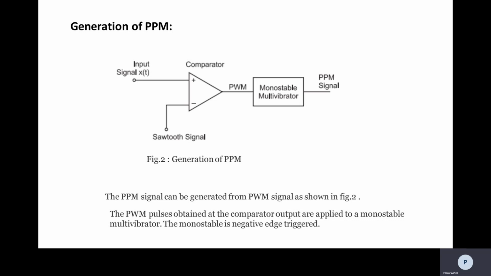Inverting terminal means minus, a negative polarity; non-inverting terminal means plus, a positive polarity. At the output of the comparator we get a PWM signal, a pulse width modulated signal. By sending that PWM signal to the monostable multivibrator, at its output we get a PPM signal.